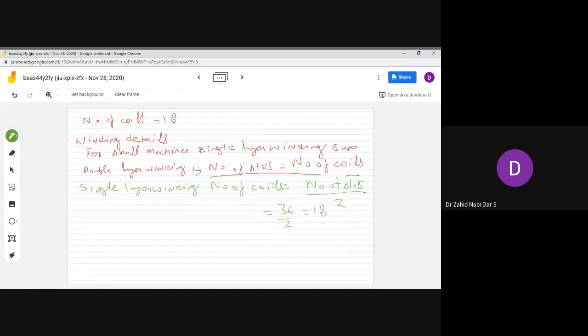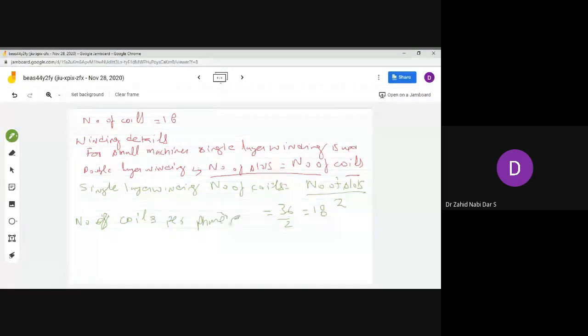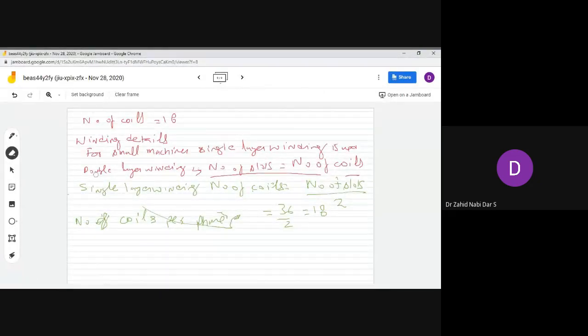Now basically it is a three phase machine. So the number of coils per phase would be equal to 18 divided by 3, that is equal to 6.